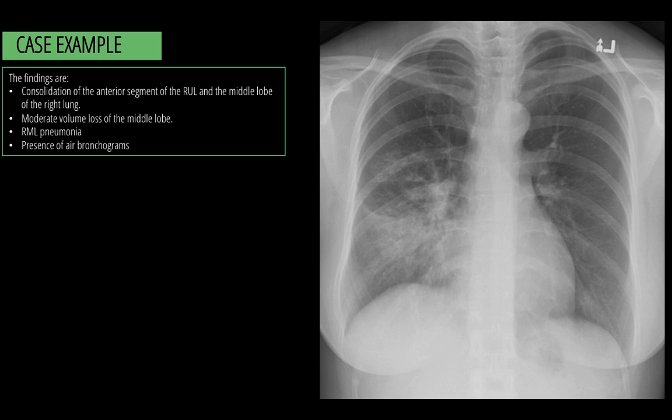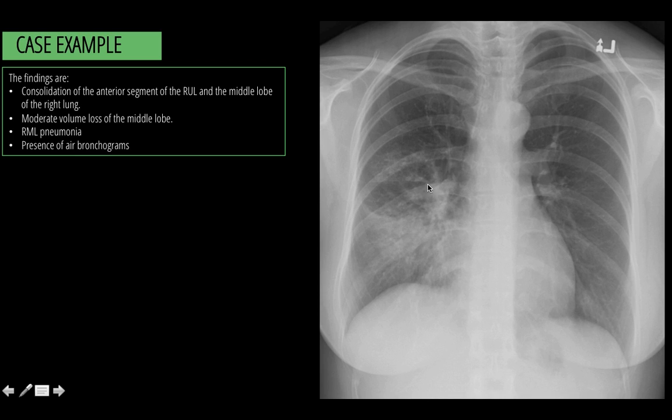So then moving on to our next case, we can see over here we have lost the ability to differentiate the right heart border. So this is going to be suggestive of consolidation in the right middle lobe. We can also see over here we have clear differentiation of the horizontal fissure. We know that this is going to be separating the middle from the anterior or the superior lobe.